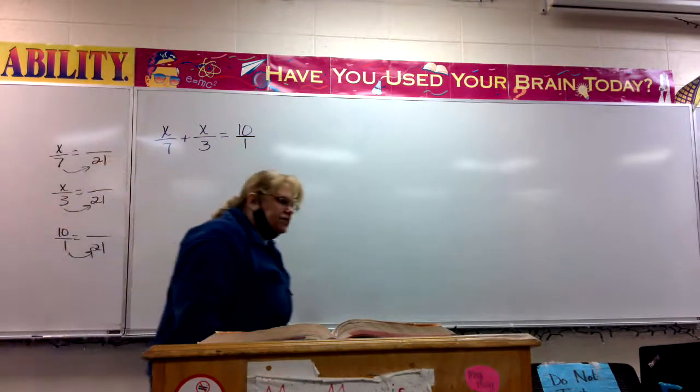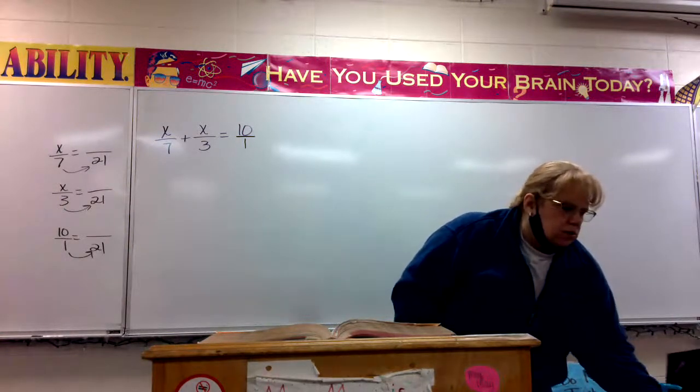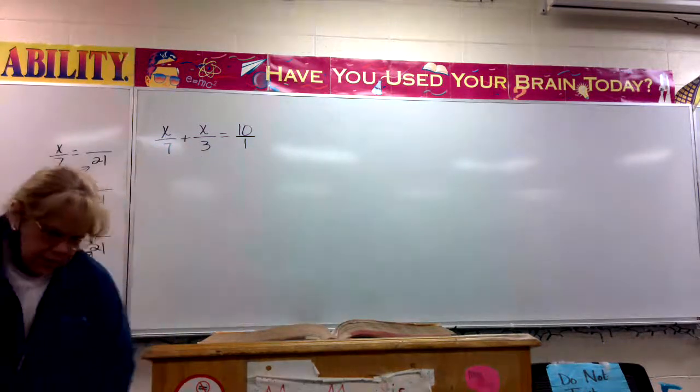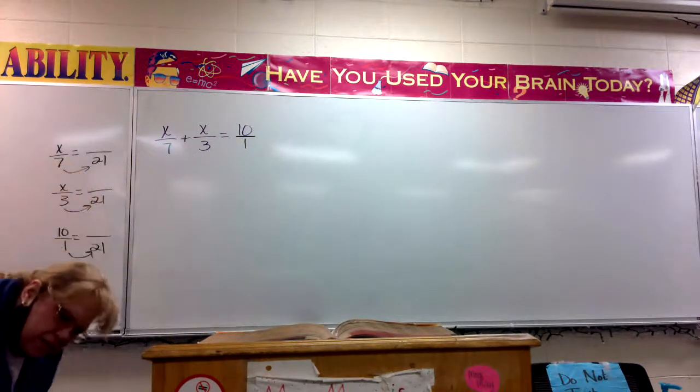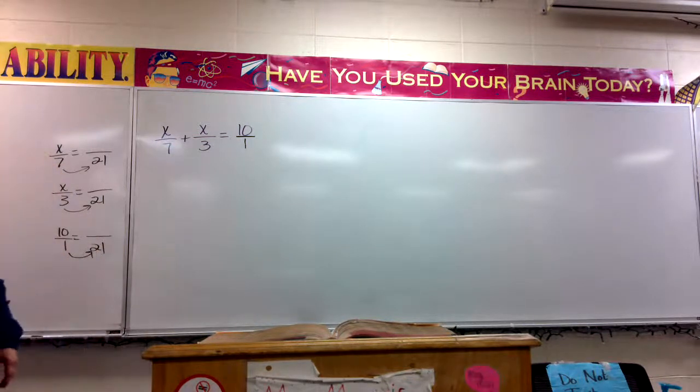Well, what if I told you there was a way to do it without using fractions? Get rid of the fractions. Would I be your best friend then? No? Well, I'll still show you how to get rid of the fractions.